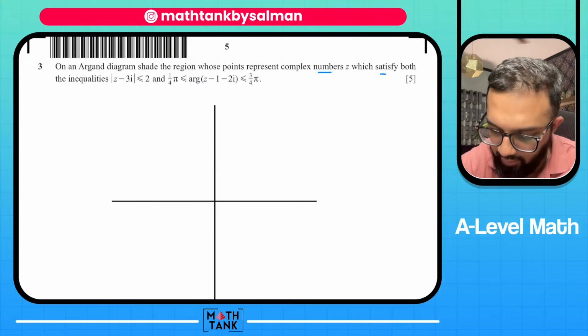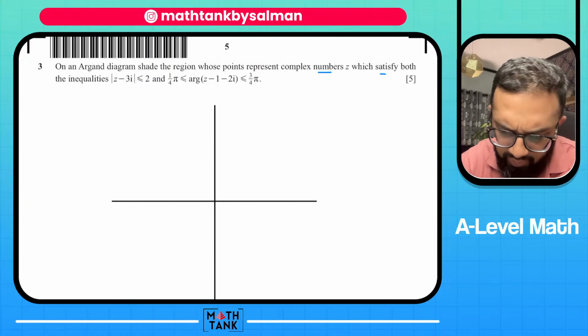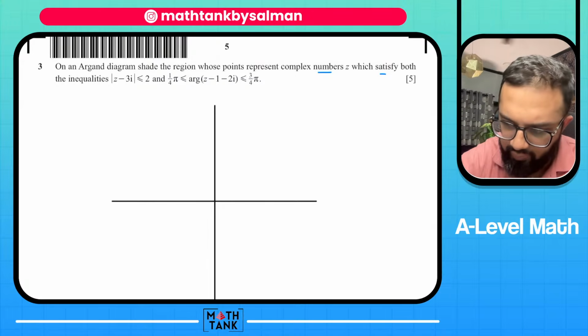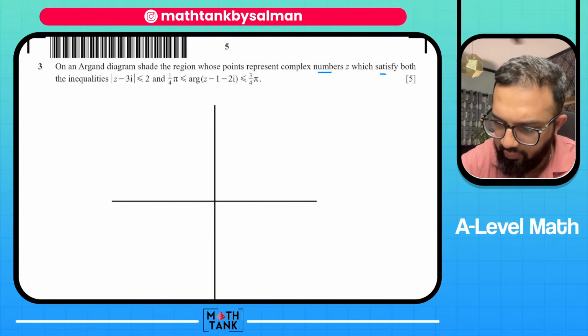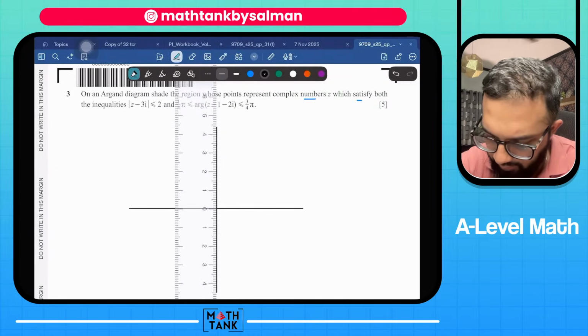I have a ruler again on my screen that is not visible to you right now. I'm going to make it visible in a bit once I plot the points that I am supposed to plot. So right, let's just make it visible. And you can see the entire screen.